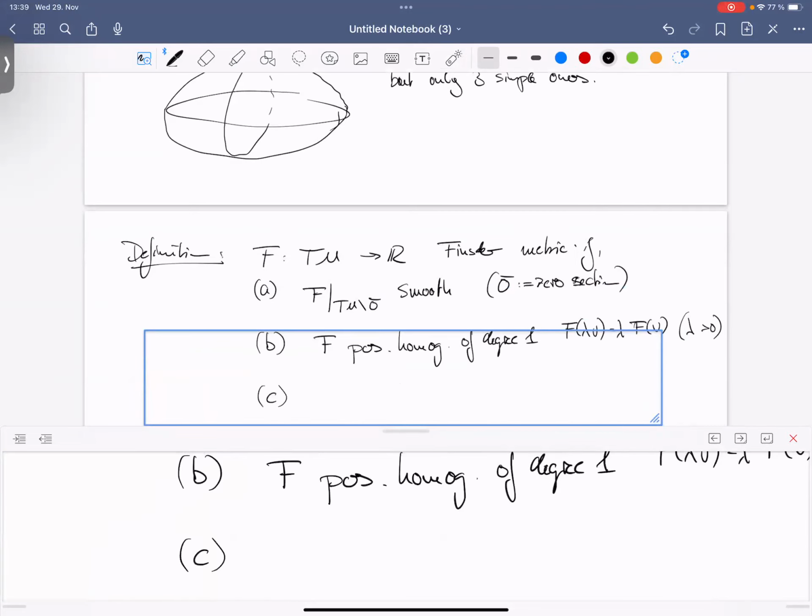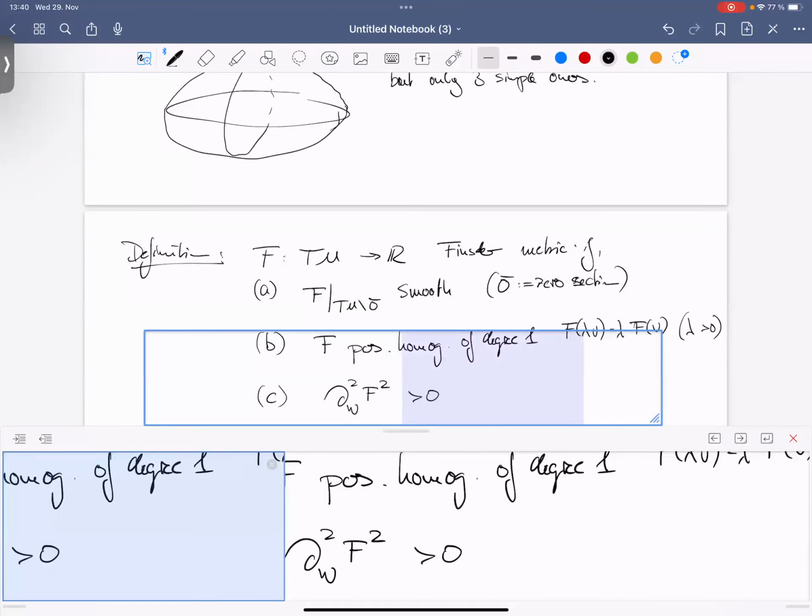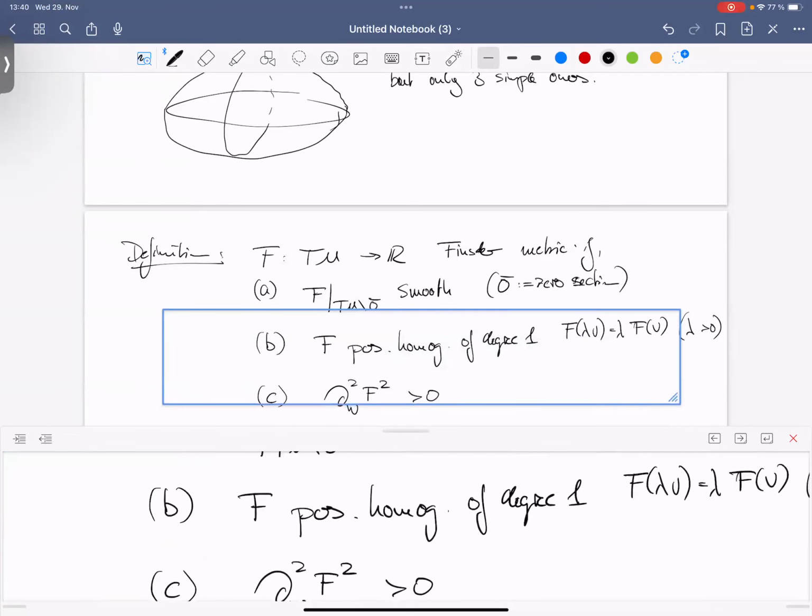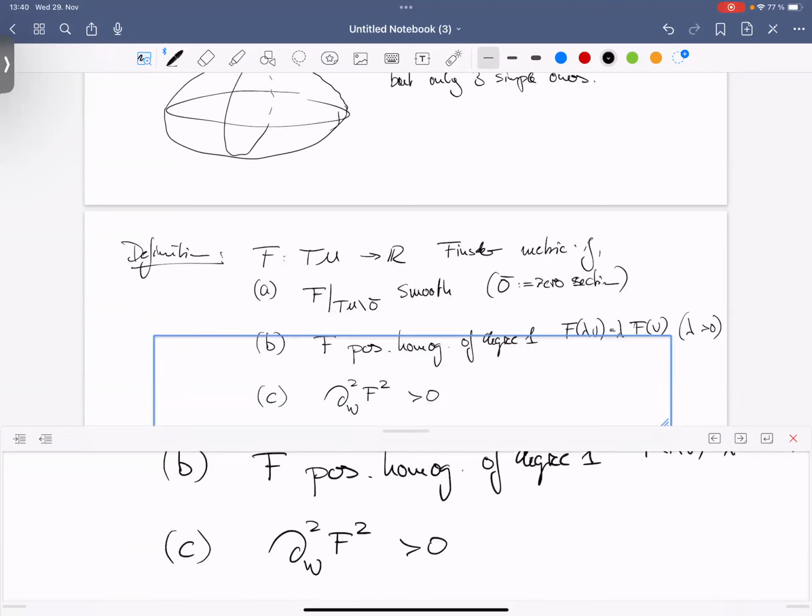And last but not least, it needs to be convex in order to satisfy the triangle inequality. And in this space, this is formulated as the second fiber derivative of the square being positive definite. The second fiber derivative of F itself cannot be positive definite because it's homogeneous of degree 1, so that vanishes.